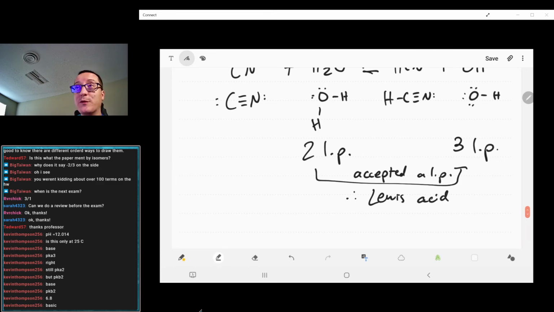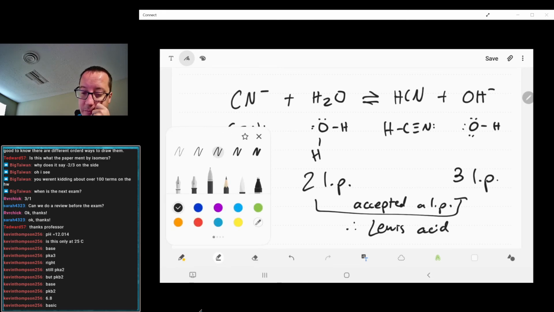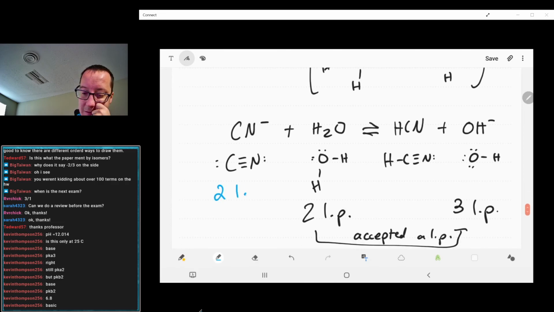And we can see the reverse is going to be true. The cyanide ion has lost one of its lone pairs instead. It has one fewer lone pair. How can I draw this? Whatever. 2 lone pairs. 1 lone pair.